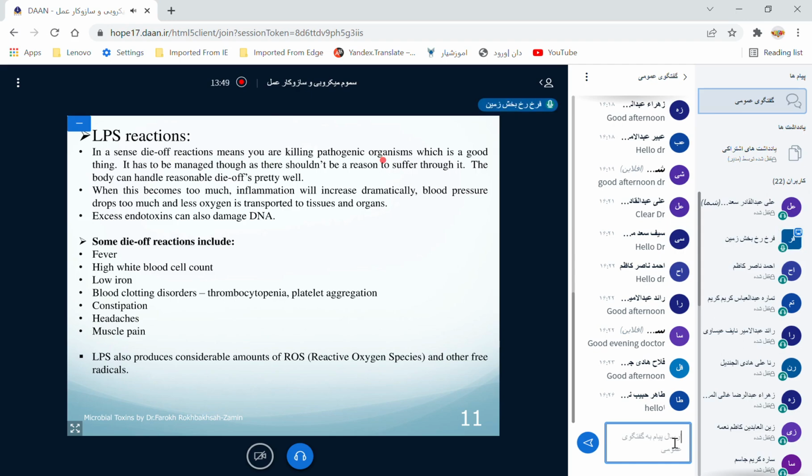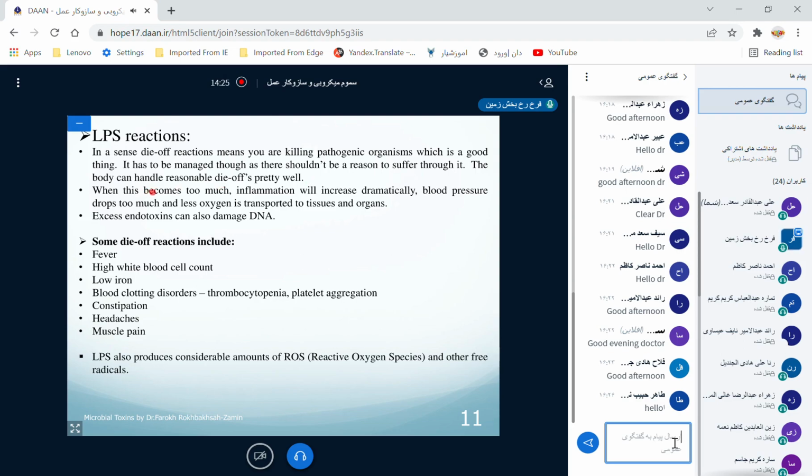So it should be done. It is important to kill them, which is a good thing. Yes, it is good. It has to be managed, though. Some problems are finished, but some new problems start after the death of the pathogens.